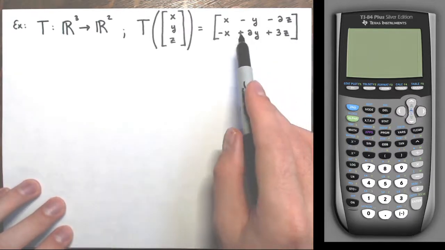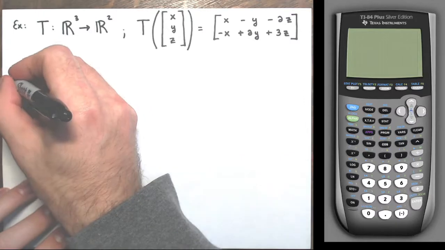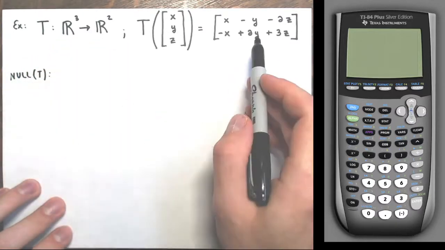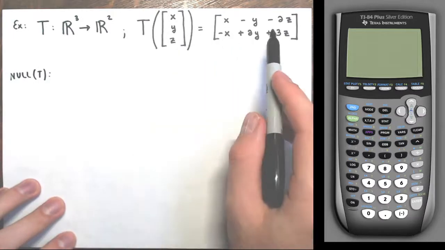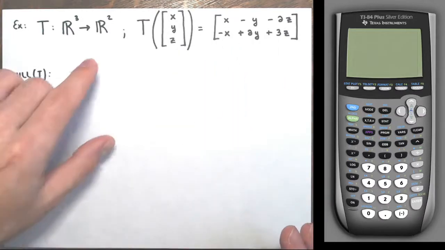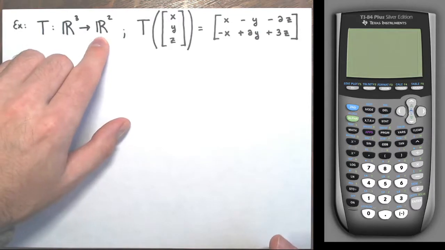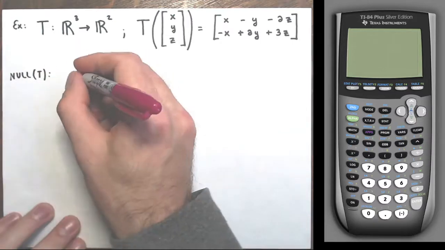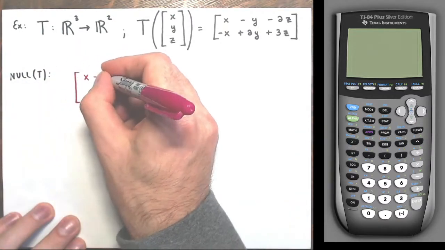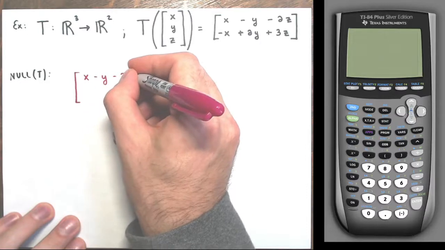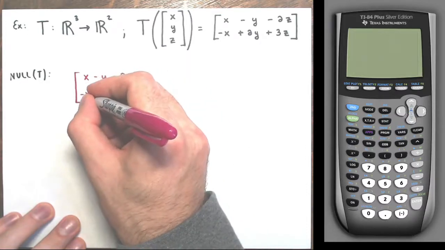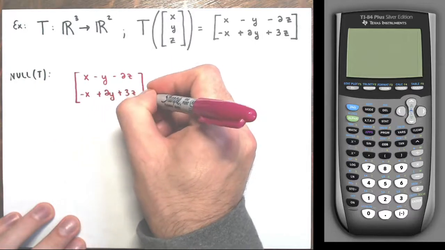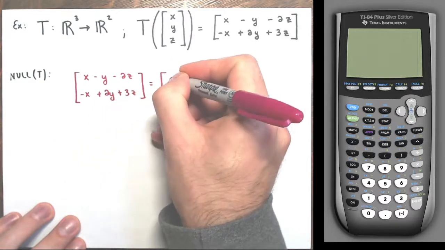And the question is simply, for the null space, what vectors give me an output that's the 0 vector in the codomain? The 0 vector in the codomain is just 0, 0. So we're solving: when is x minus y minus 2z, and negative x plus 2y plus 3z, equal to the 0 vector in R2, 0, 0?